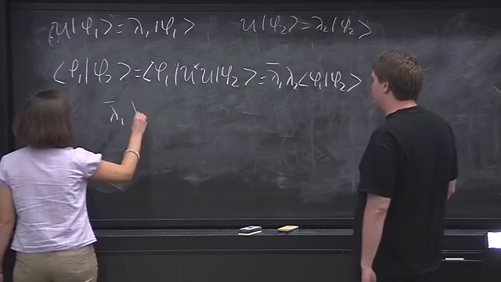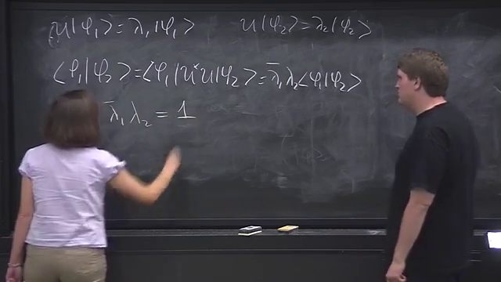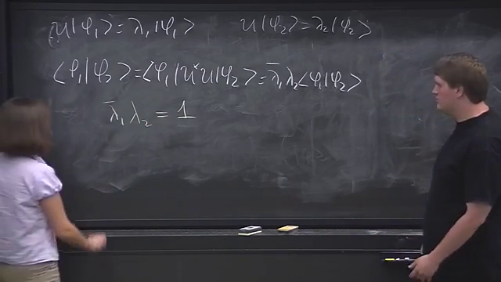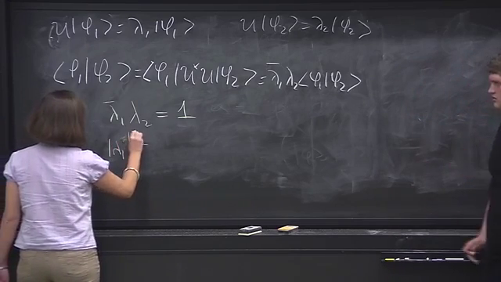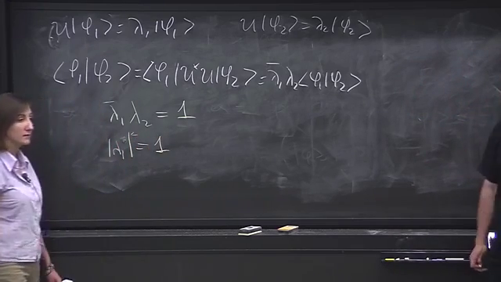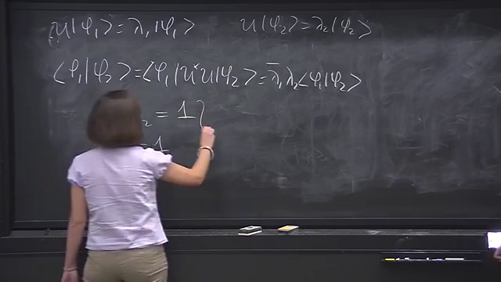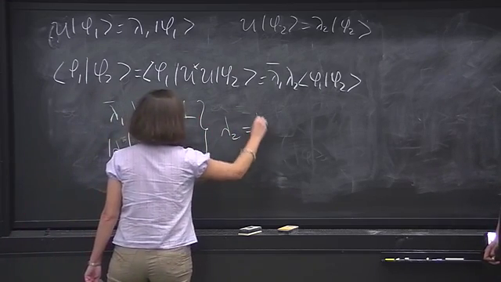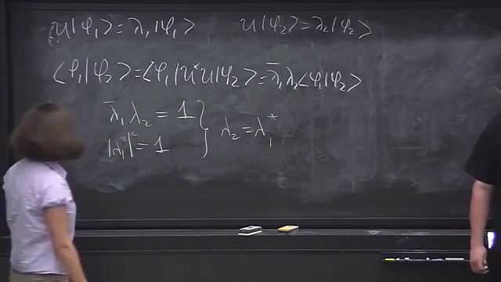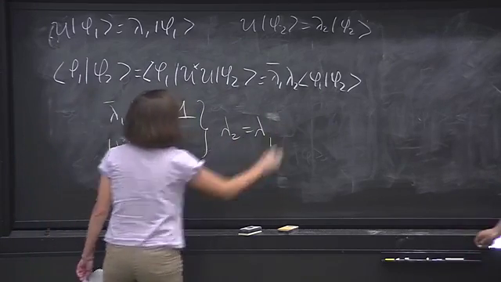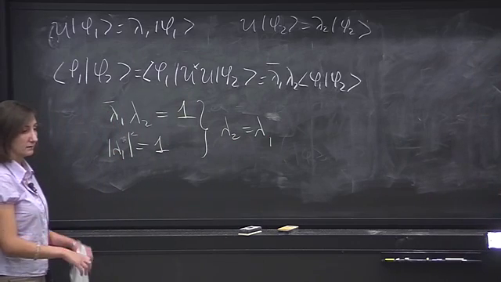Or if they have to be 1 by some weird chance. If lambda 1, lambda 2 is 1, we already know that this is 1. So which would have to mean that lambda 2 equals lambda 1.